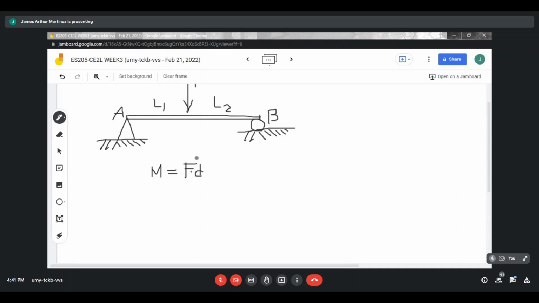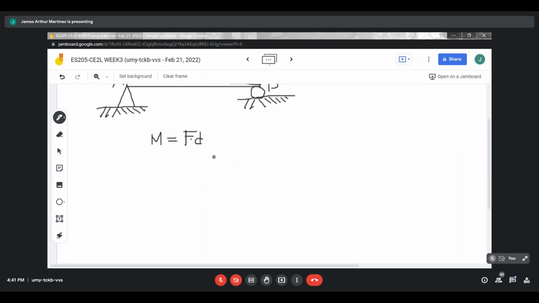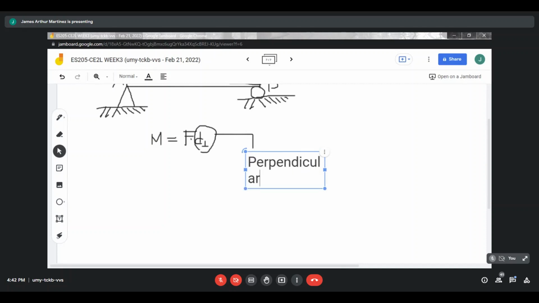So you have to understand also that anyway, the distance, no, nga ato ang i-consider here sa ato ang calculation should be perpendicular, no? Perpendicular to the point of reference.